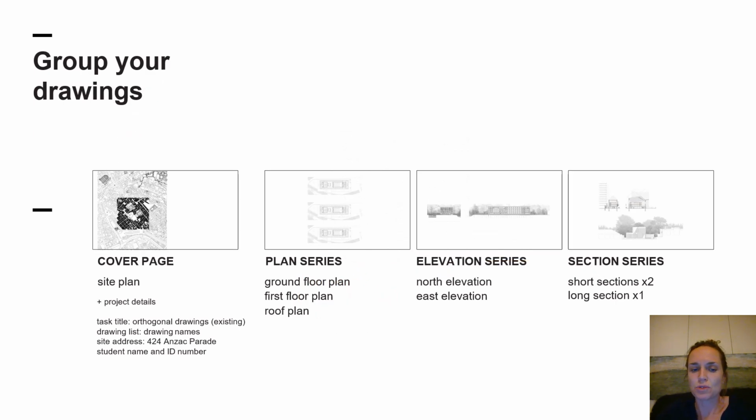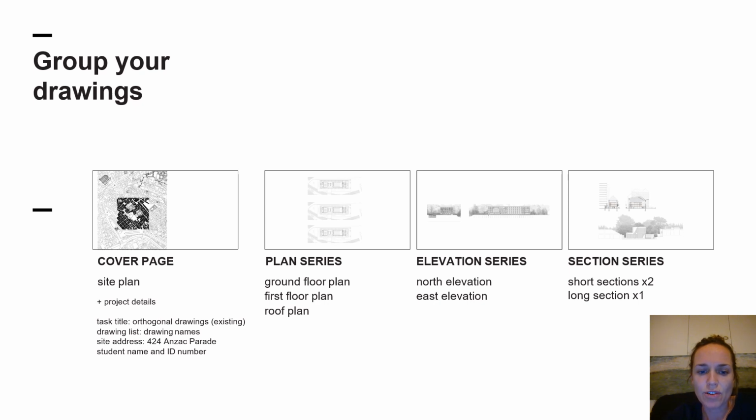What makes up this package of existing drawings? If we break through the components, the cover page will be where your site plan is. Generally you have your site plan as well as the project details.